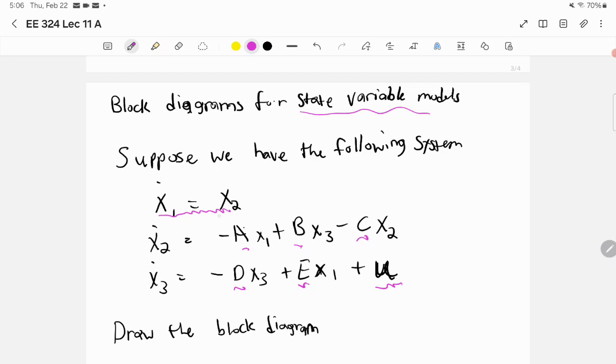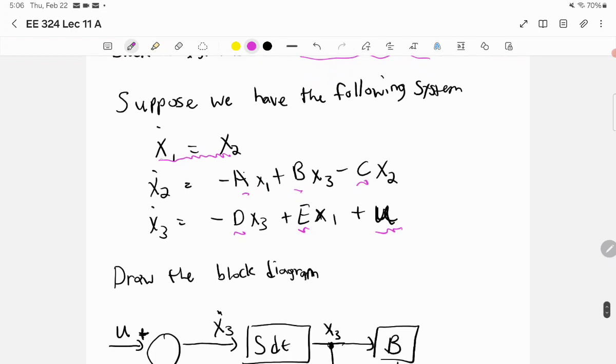So this is going to have a summer, but the summer is just going to have one thing going into it, which is plus x2 for x1 dot. So let's actually start from there, and then we'll come down and see it.